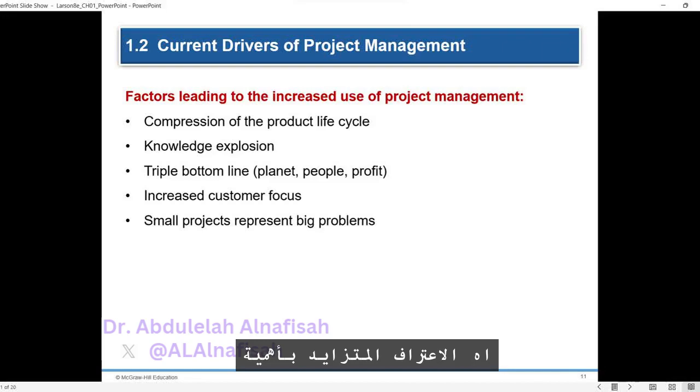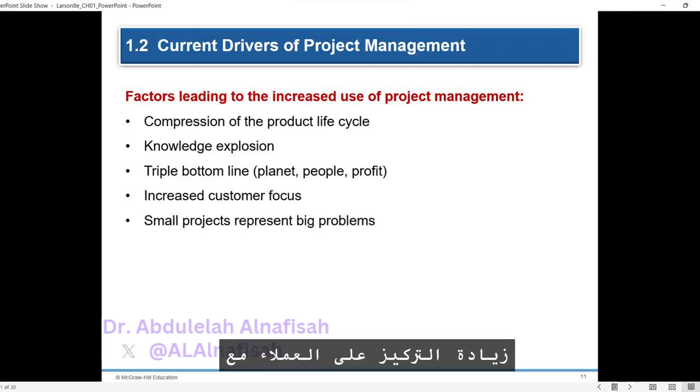Organizations are increasingly recognizing the importance of social and environmental responsibility, in addition to financial performance. Project management helps organizations integrate sustainability practices into their projects, considering the triple bottom line of planet, environmental impact, people, social impact, and profit, economic viability.